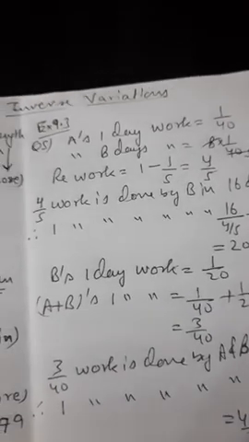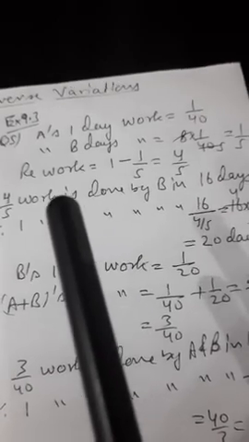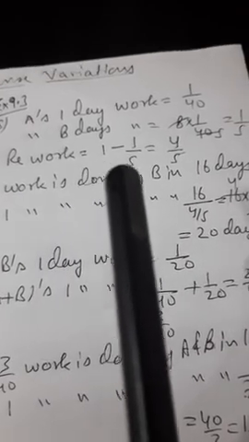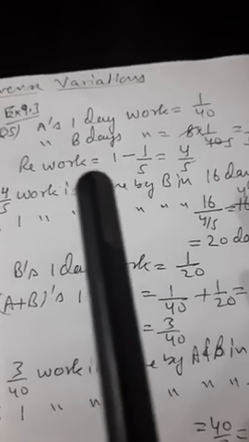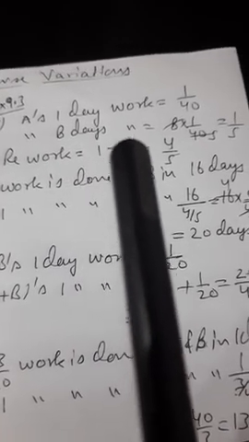After that, A leaves. So remaining work is 1 minus 1 by 5, because 1 is always initially the original amount.